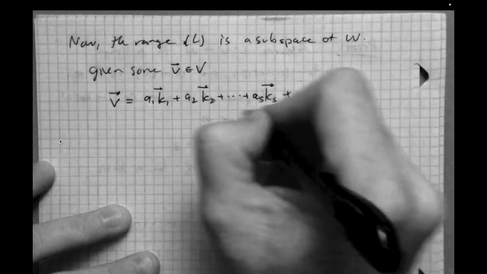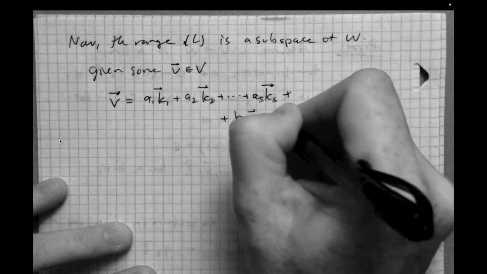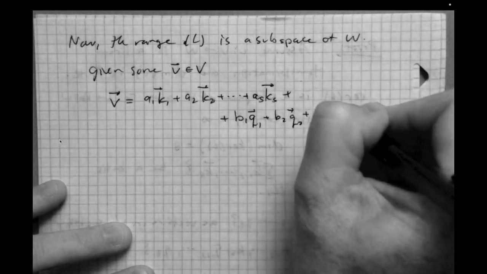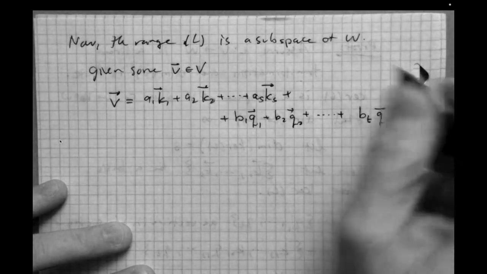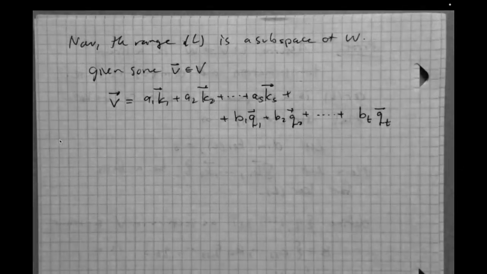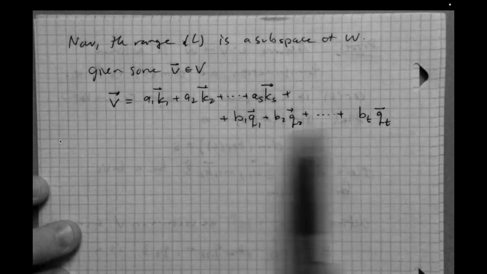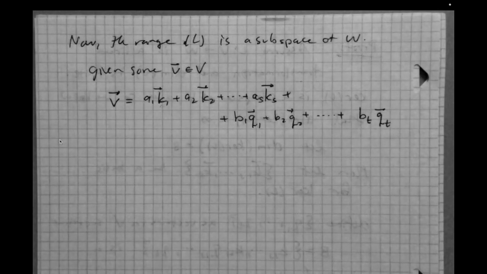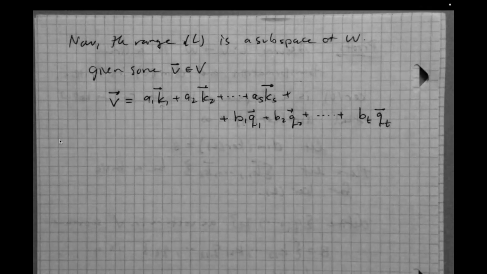Plus we've got these other ones, B1 Q1 plus B2 Q2 plus ... plus BT QT. All we've done here is assume that K1 through KS and Q1 through QT is a basis for V. And what we're trying to show is that if this is the kernel, this other piece is the range.